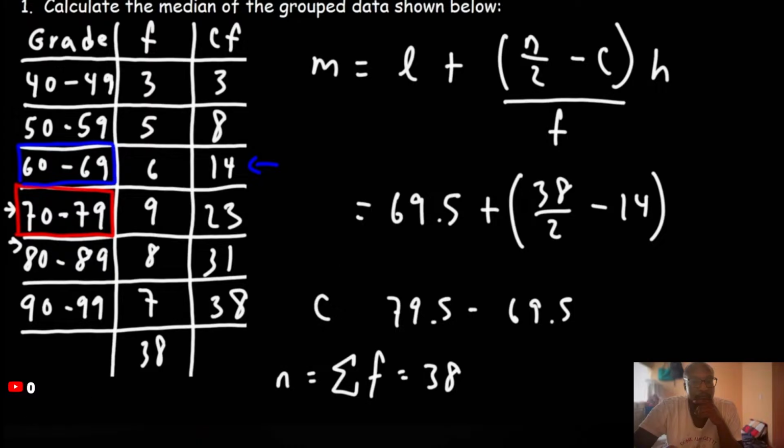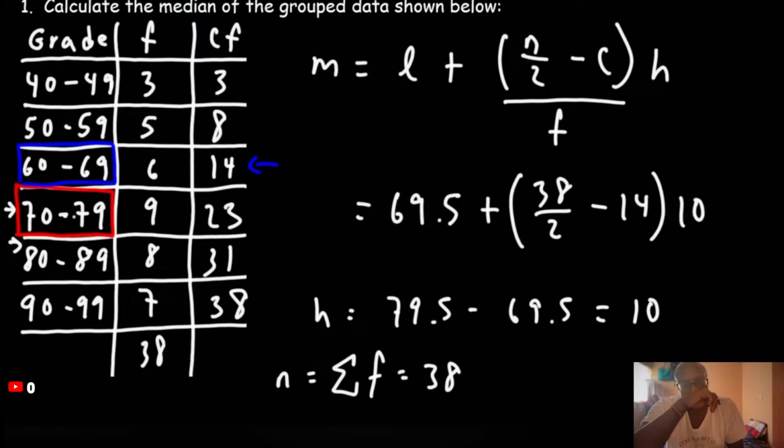H, which is the width of those two boundaries, is going to be 79.5 minus 69.5, which is 10. And it makes sense, there's 10 numbers in this interval. So that's our H value.